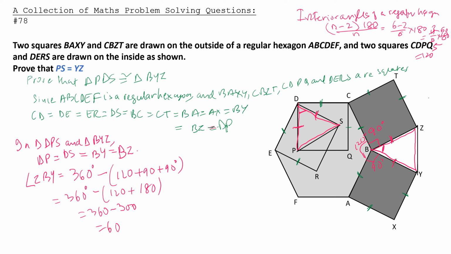And that is 60 degrees. So we get this is 60 degrees. Now if one angle is 60 degrees and triangle ZBY already has two sides equal, so triangle ZBY is equilateral.